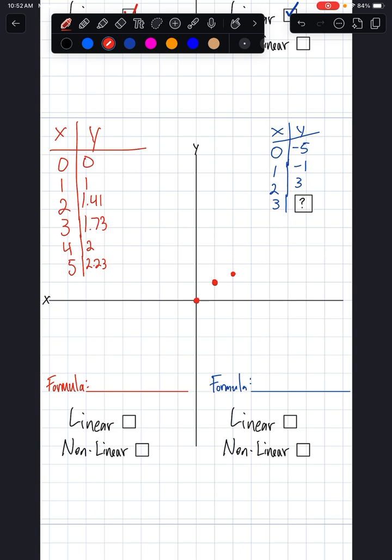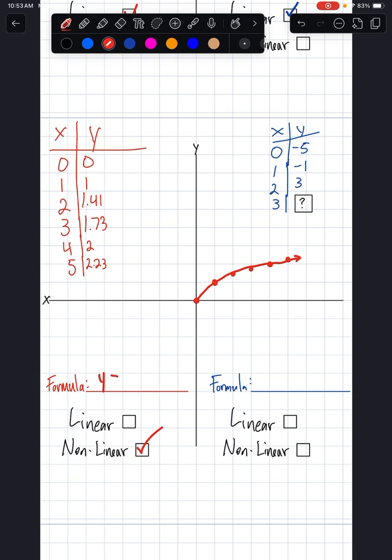And then 3 is 1.73, which is about right there. 4 is 2, and 5 is 2.23, which is about right there. So there's our function. Not the perfect line, but approximate. So is this linear or nonlinear? Is it a straight line or is it not a straight line? It is not a straight line.